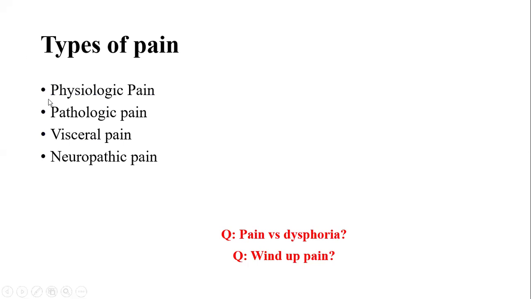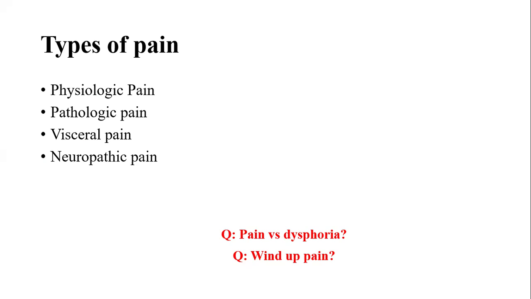Okay. Then the pathological pain: any pain that is happening in addition to the physiological pain is known as pathological pain. For example, if there is any trauma or any injury or any burn because of any physical object, and obviously there will be tissue damage, the pain that is because of that tissue damage will be known as pathological pain.